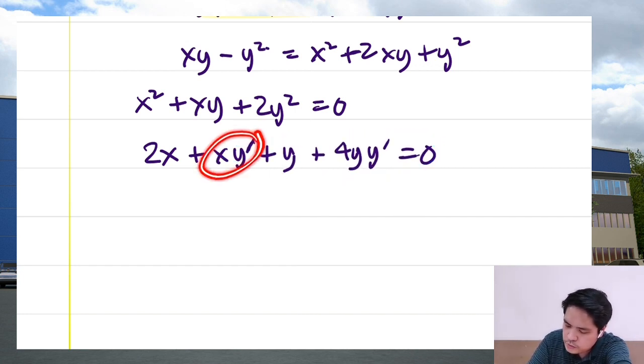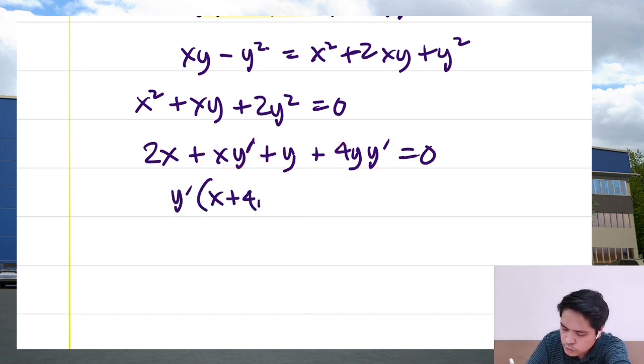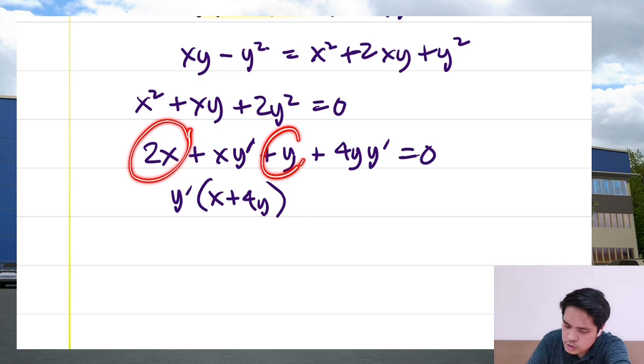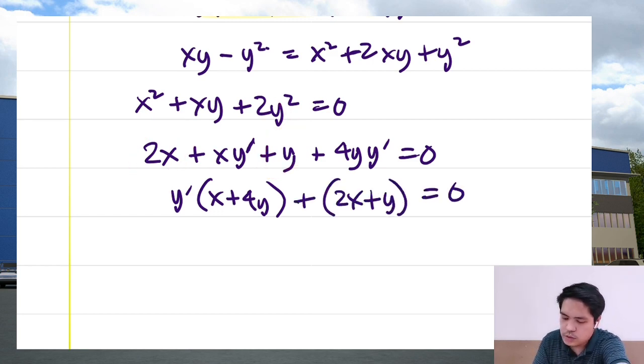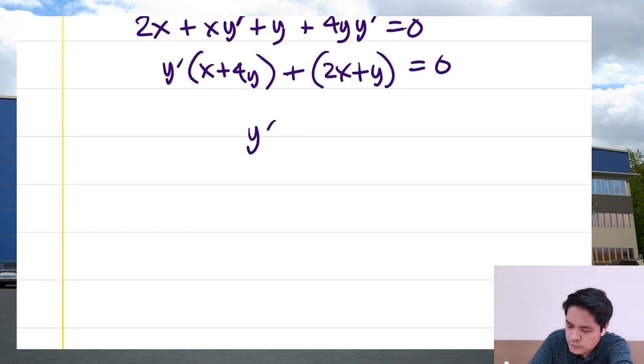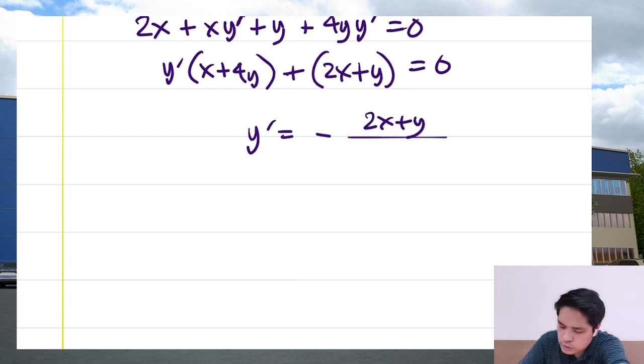So from here, I'll just factor out y prime. So I'll have y prime times x plus 4y. And I'll just combine these two. That would be plus 2x plus y equal to 0. So therefore, we have the same answer in a much easier way, negative 2x plus y over x plus 4y. And that's our answer.